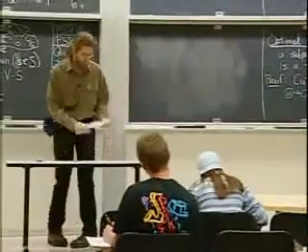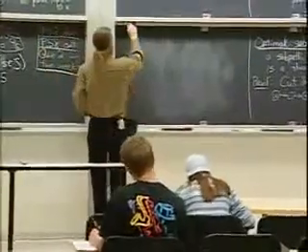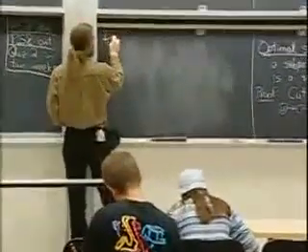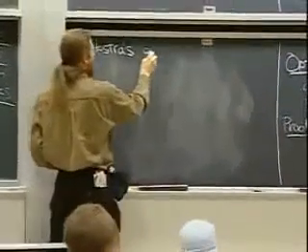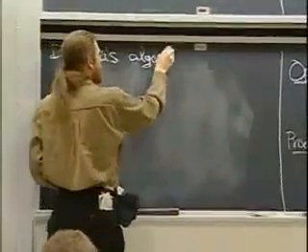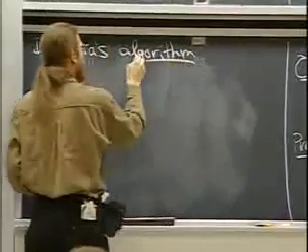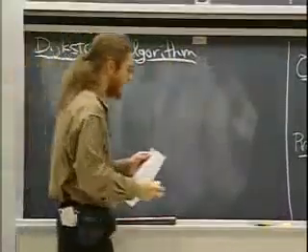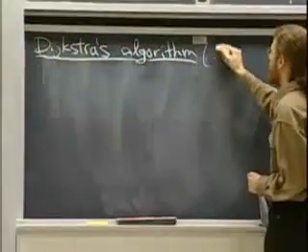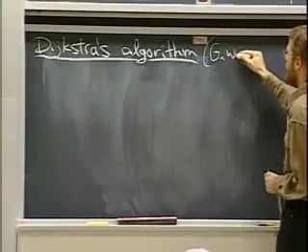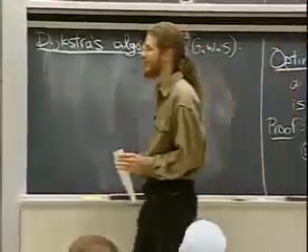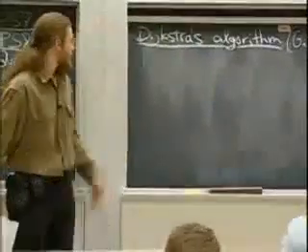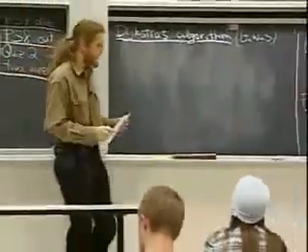So that's the idea for how we're going to use greedy. Now I'll give you the algorithm. This is called Dijkstra's algorithm. Dijkstra is a famous, recently late, if that makes sense, recently late computer scientist from the Netherlands.